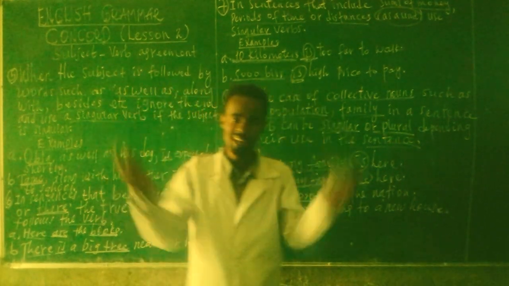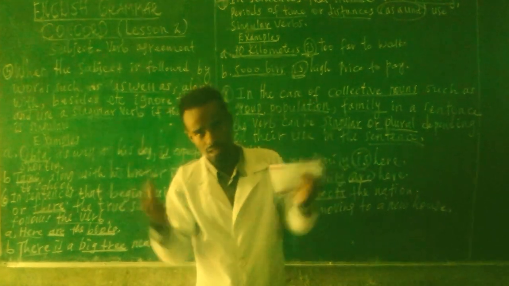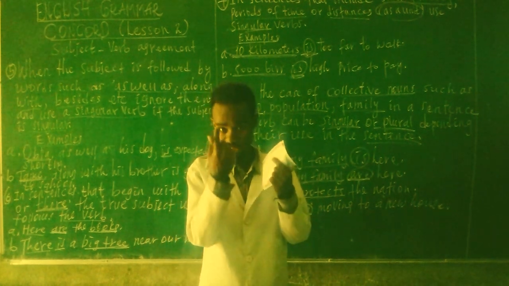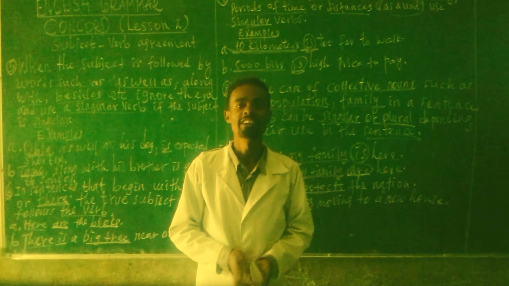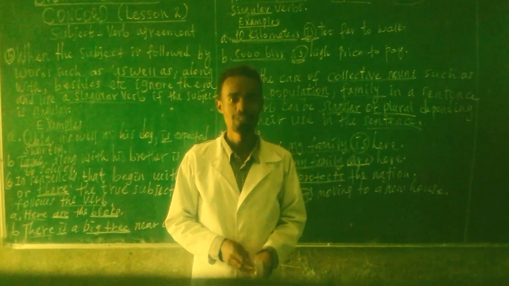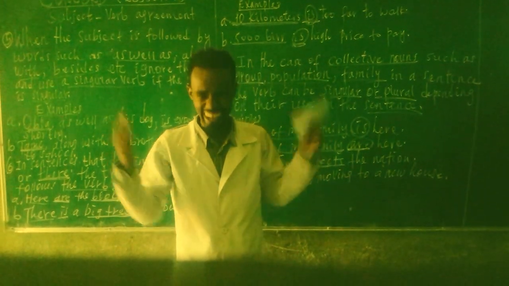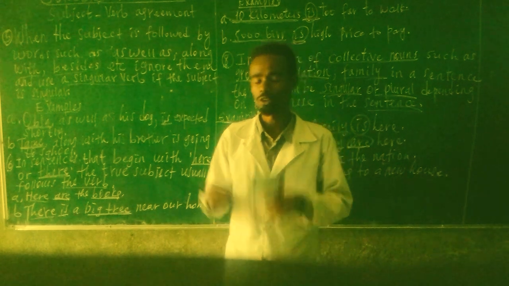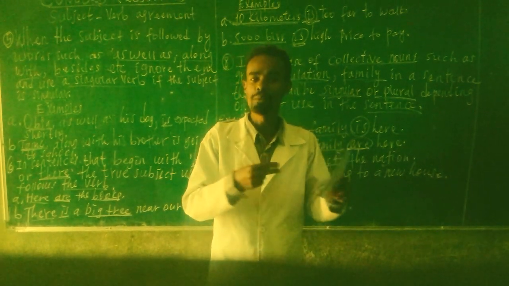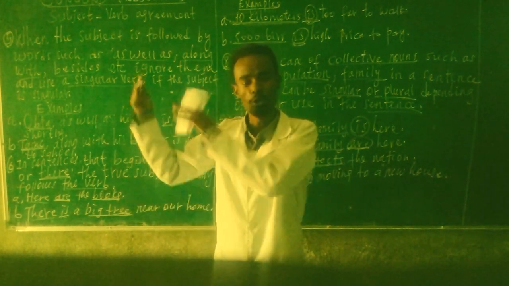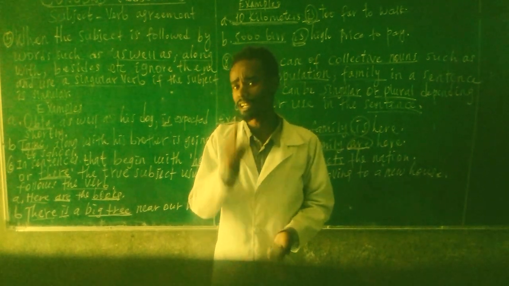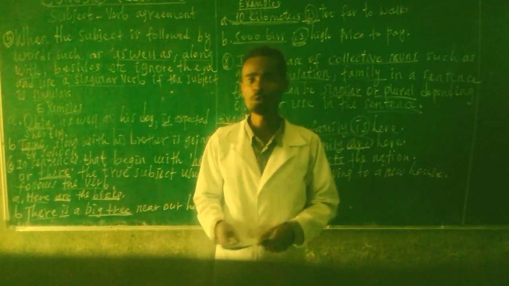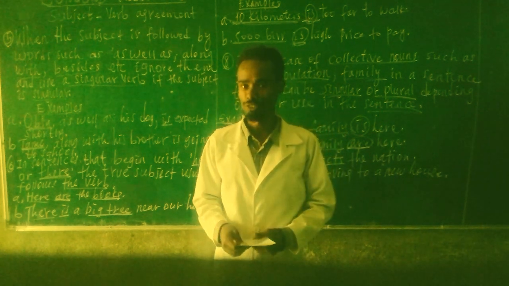When we take that group or collective noun as a single unit, we have to use the singular verb. I hope we have learned the 8 rules for subject-verb agreement or concord. I hope you understood well. If you didn't understand rule 1 to 4, refer to the previous video.